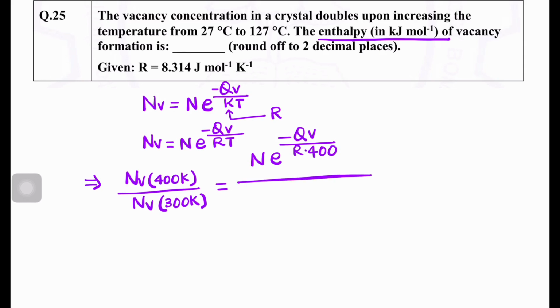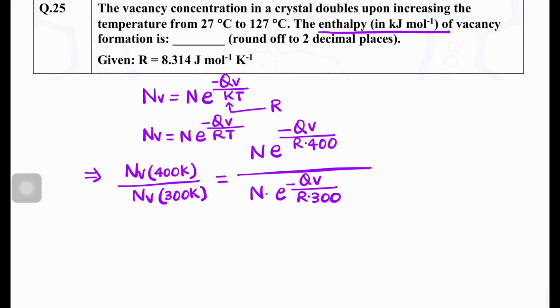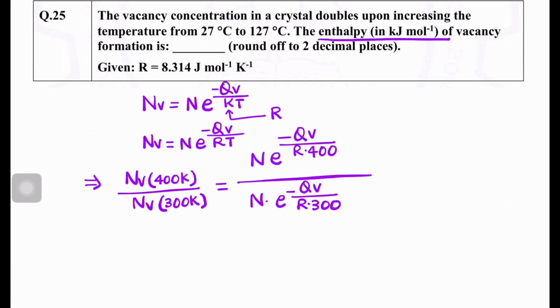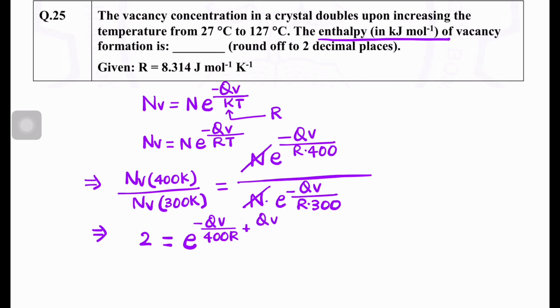And in the denominator, it will be N into e to the power minus QV by R into T, that is 300. Now N will be cancelled out. And this ratio is given to you, that is 2 equal to e to the power minus QV by 400R, and this will be minus minus plus QV by 300R.